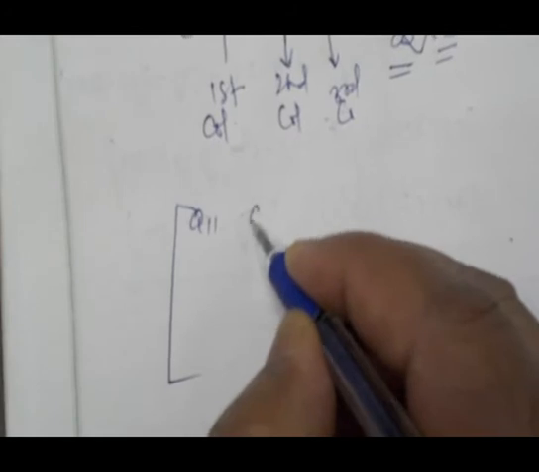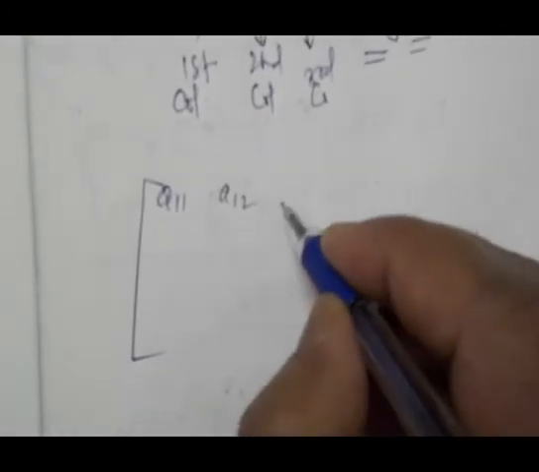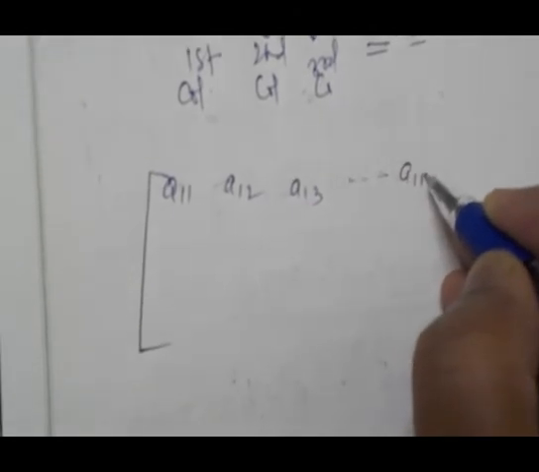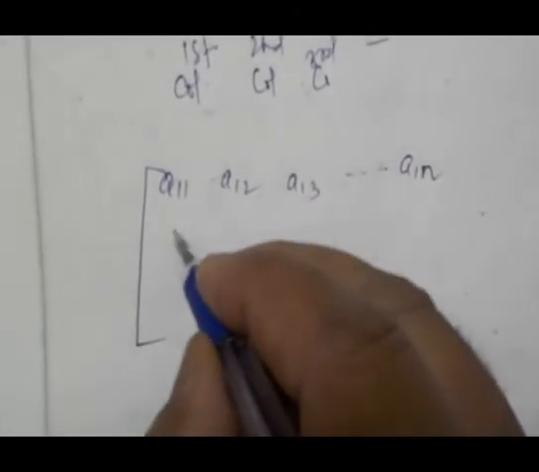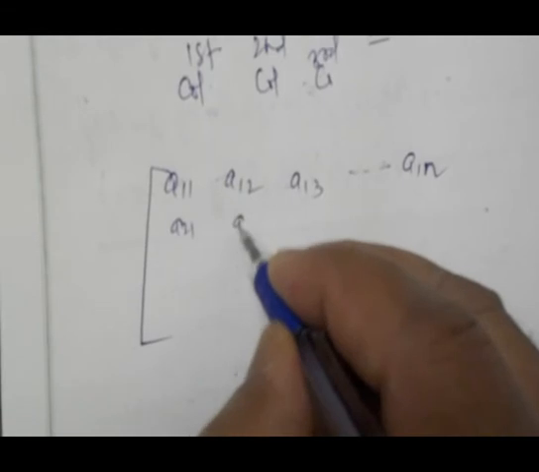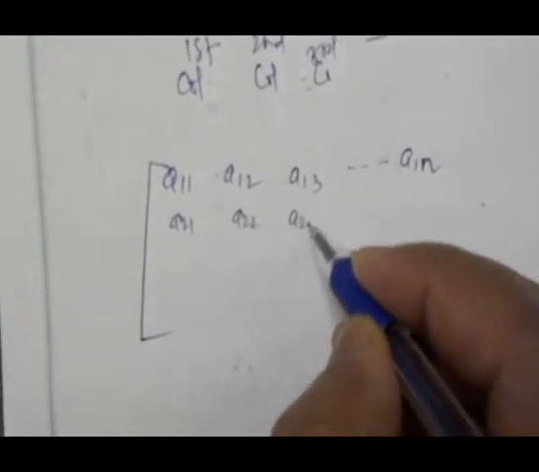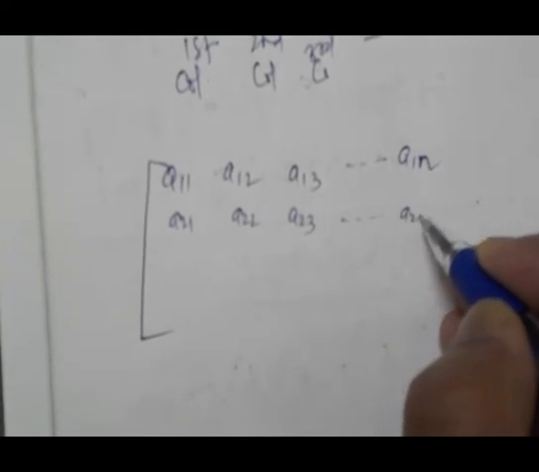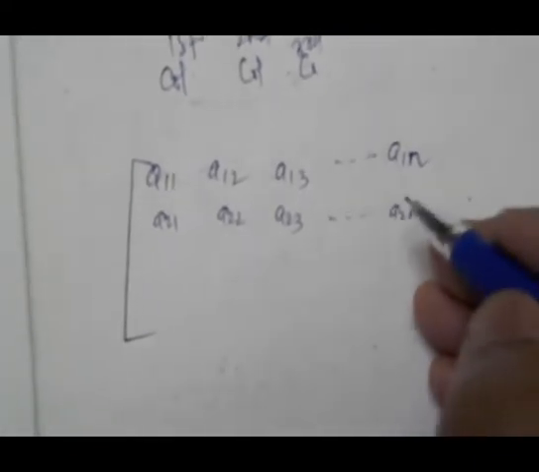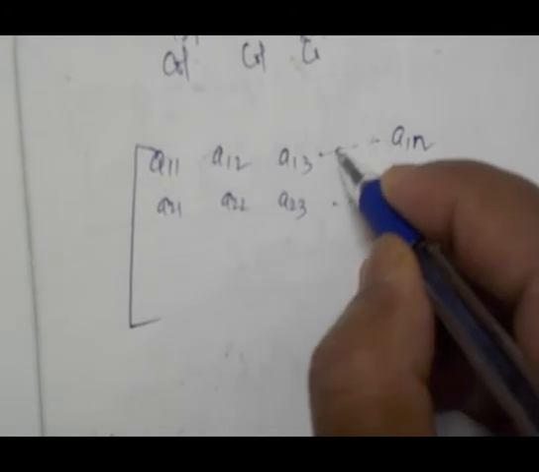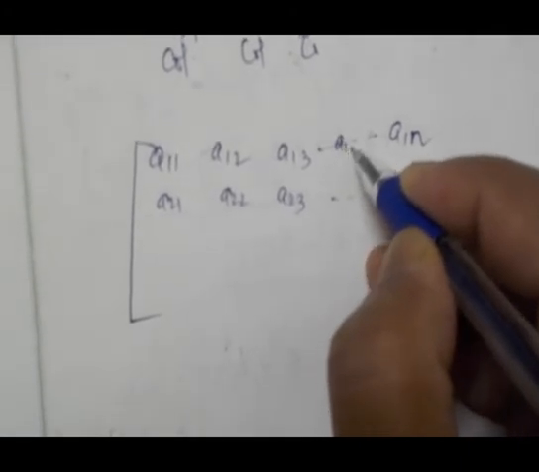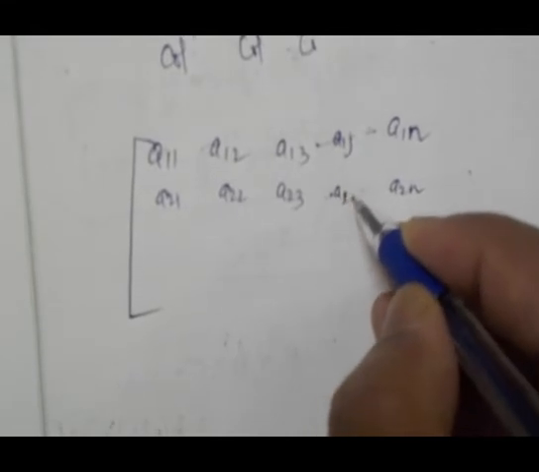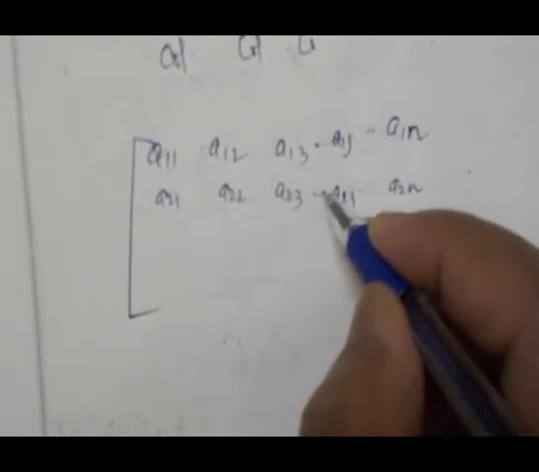Generally we write A11, A12, A13, dot dot dot, A1n. A21, A22, A23, dot dot dot, A2n. In the middle you can write A1j, A2j, dot dot.